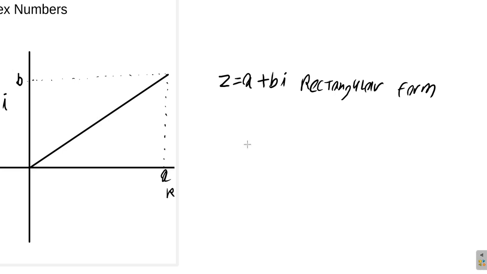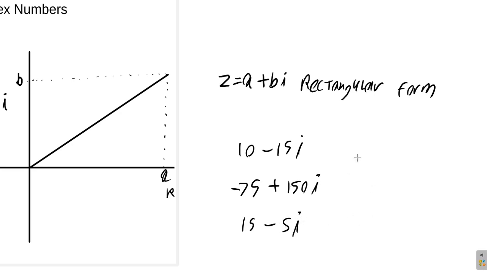It can be a minus 2, right? 10 minus 15i, right? Negative 75 plus 150i, bigger number, small number, doesn't matter. 15 minus 5i, right?